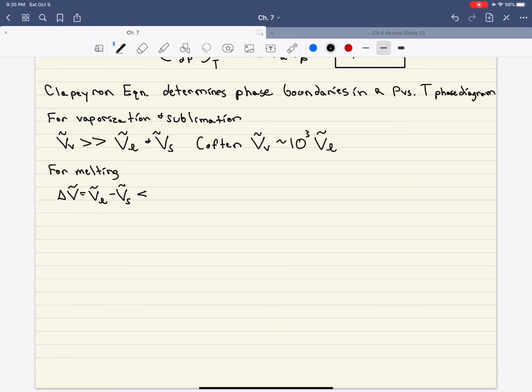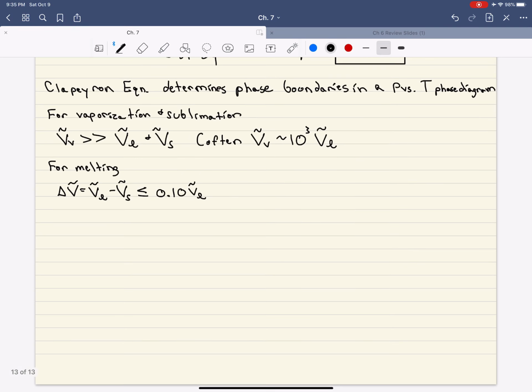In fact, the delta V between liquid and solid phases is usually only about 10% of the value of the density of the liquid phase. And so for this reason, once again, this is in the denominator, and so if you have a smaller number in the denominator, that means you have a larger slope, right?